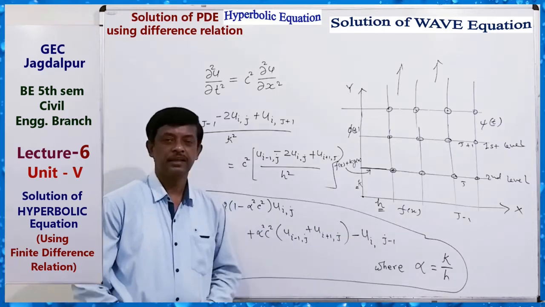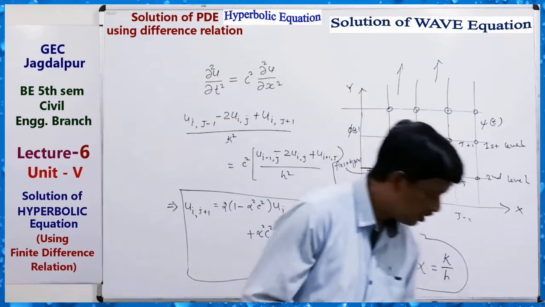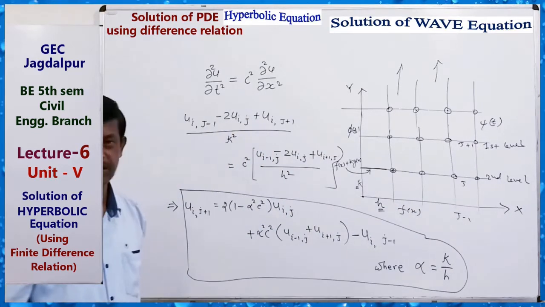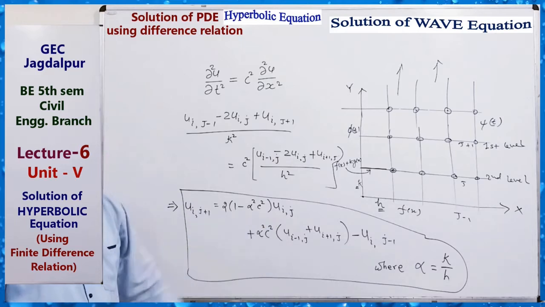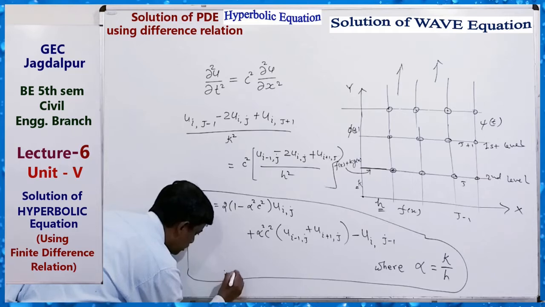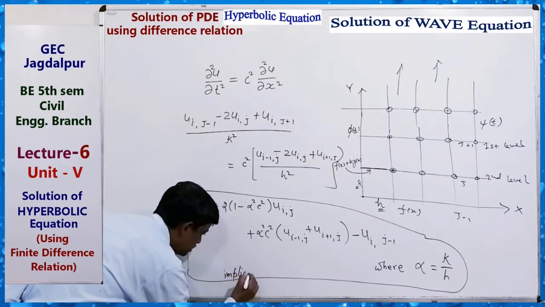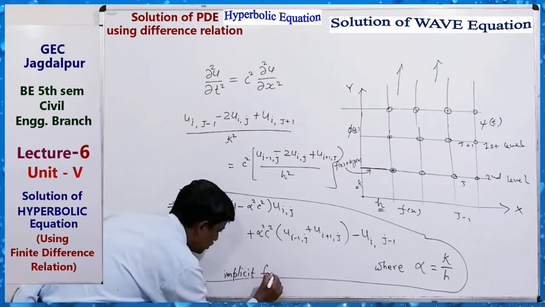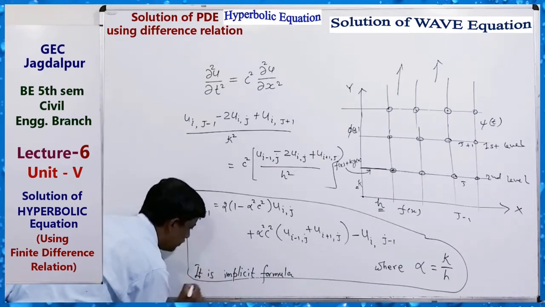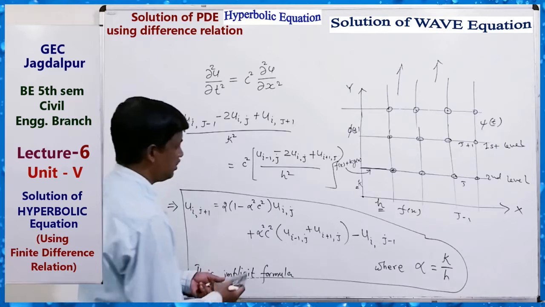This is the simple explicit formula. This is the implicit formula, here alpha is included.